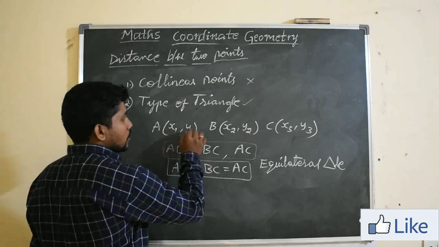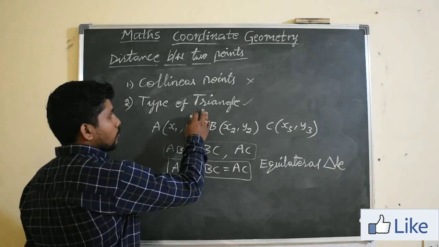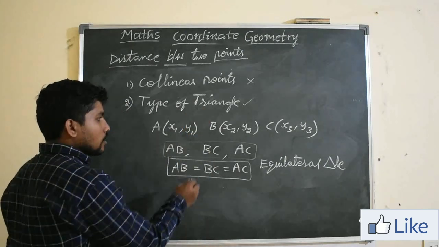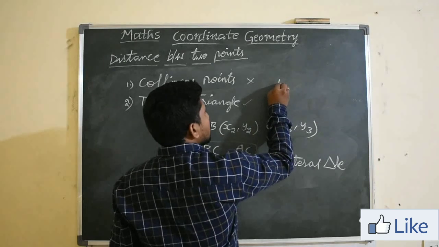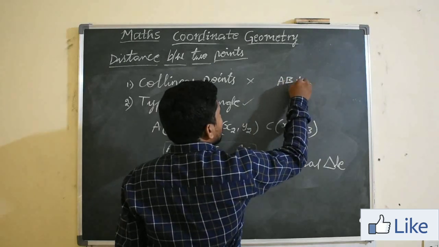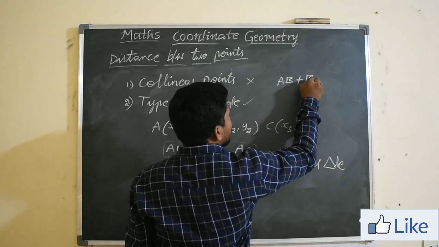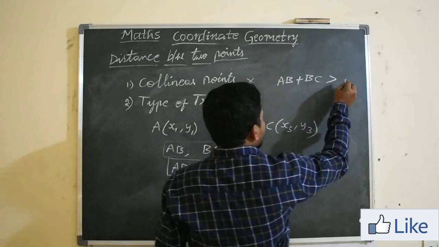If they didn't mention whether the points are collinear or form a triangle or not, then to check whether these points form a triangle, we have a condition: the sum of two sides must be greater than the third side.